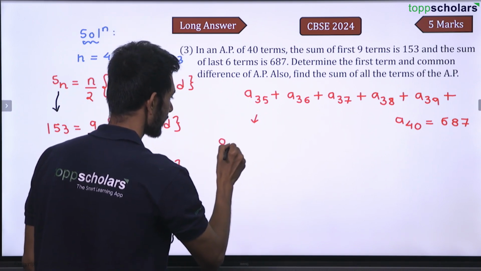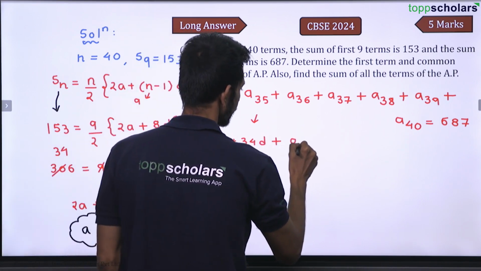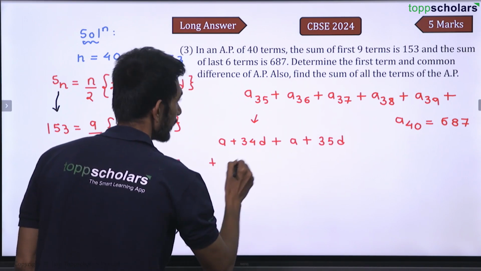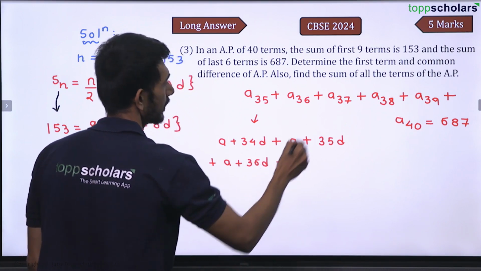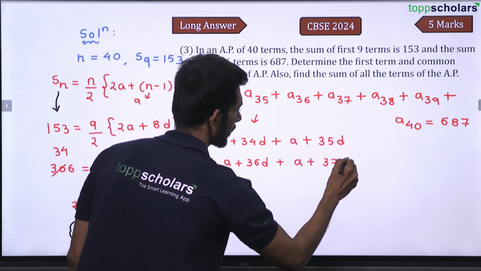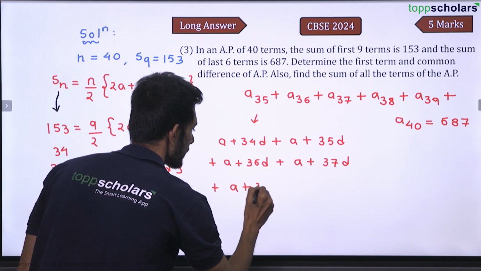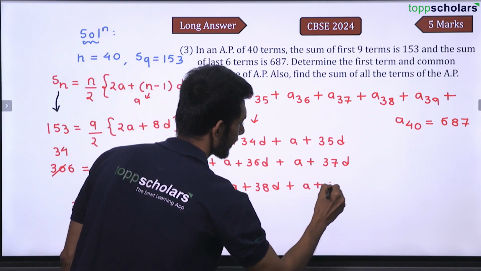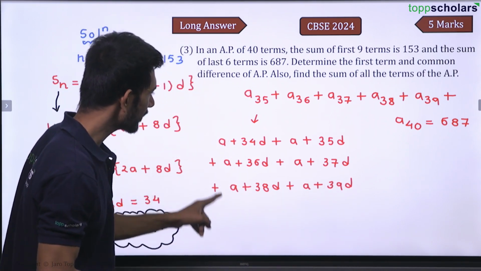A35 can be expressed as a plus 34d, a36 is a plus 35d, a37 is a plus 36d, a38 is a plus 37d, a39 is a plus 38d, a40 is a plus 39d. Right? Okay. So just add this now, a plus a plus a plus a plus a.